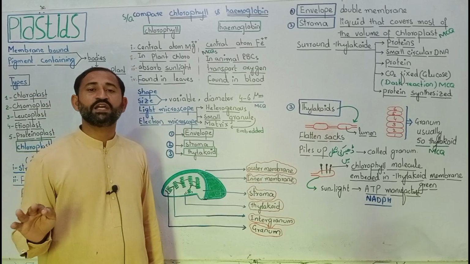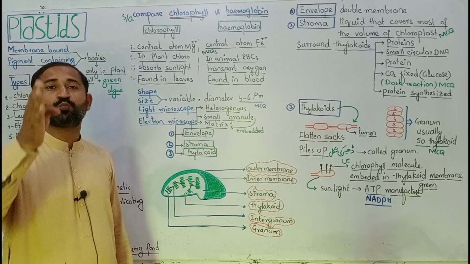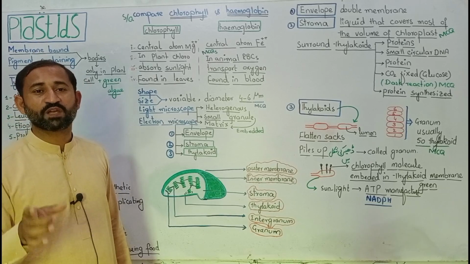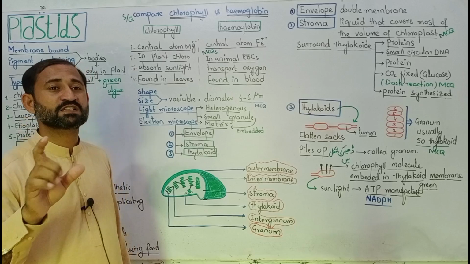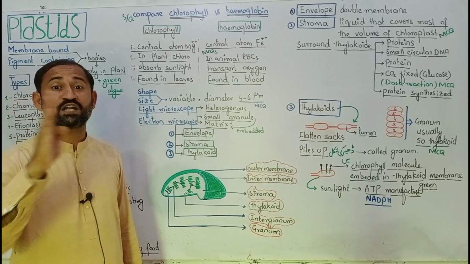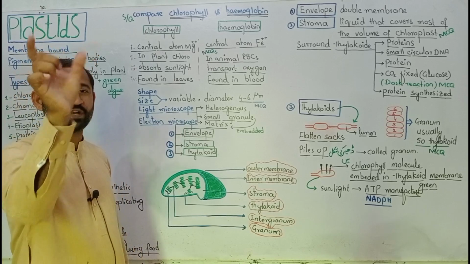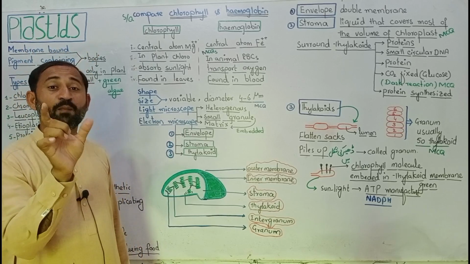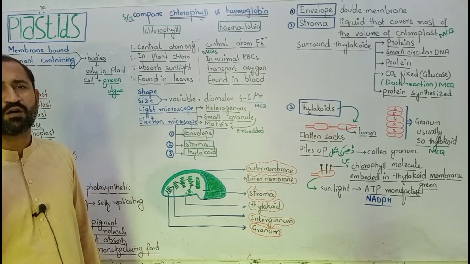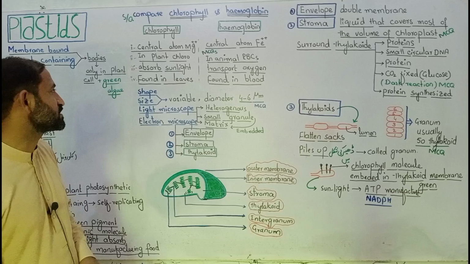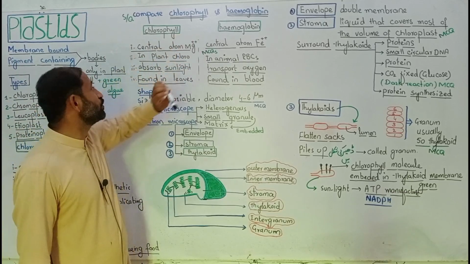The best way to write the answer of this question is that you put a line between these two topics and write their points one by one opposite each other. Put a line, write both components at the top and write opposite points in front of each other. That will be the very best way to solve this question. So, differentiate between chlorophyll and hemoglobin.